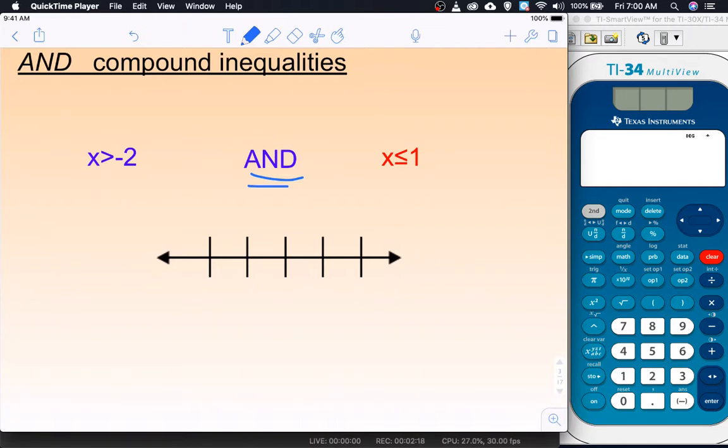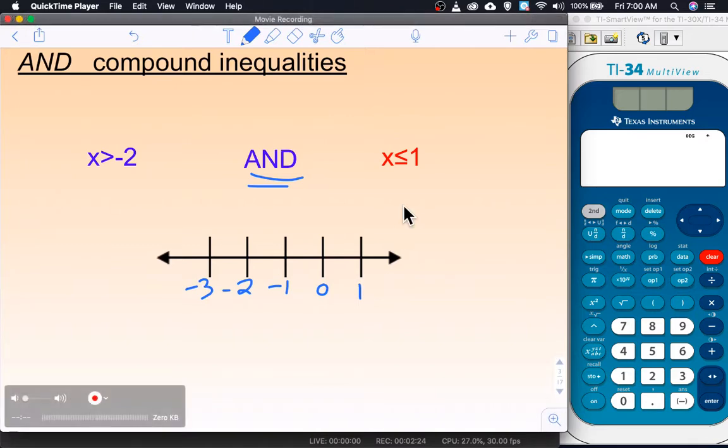Okay, so I'm going to do this. -2, -1, 0, 1, and then there's a -3. Okay, so I have -2 over here, +1 over here, and there we have it. So now, it says from -2, I need a hollow dot. And from -2, I'm going to be shading greater than, which would be to the right.